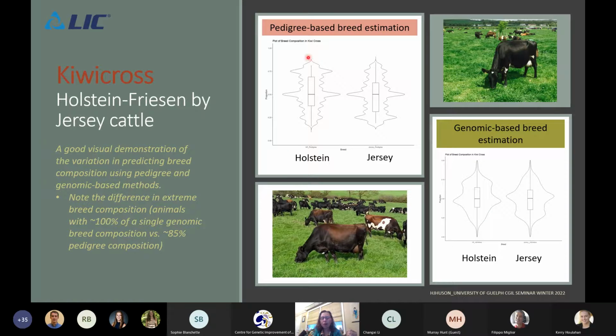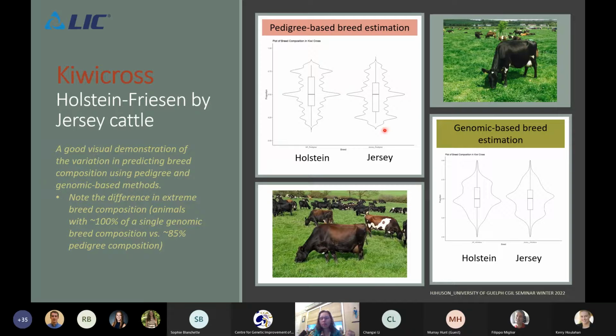In all of the Kiwi cross that we have, down here is 0 percent Holstein, up here is 100% Holstein. You have all this variation, and lots of them are around 50%, but you still have quite a bit of variation. The mirror image of that is the percentage of Jersey composition in those same animals.